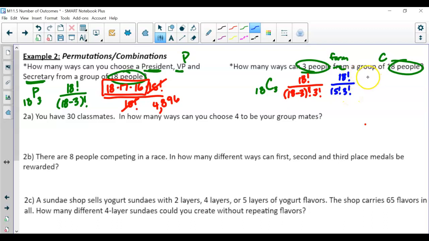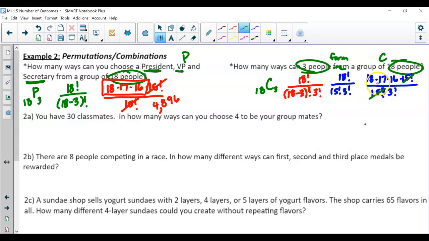So we're still going 18 times 17 times 16 times 15 factorial, right? Because then this is 15 factorial times 3 factorial. And then the 15 factorial divided by 15 factorial is 1.